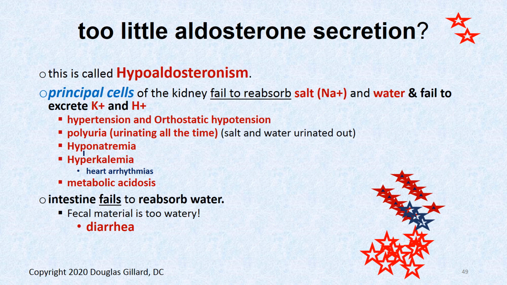You also have polyuria, because you can't soak the water out of the nephron anymore, so you're peeing all the time. Hyponatremia, hyperkalemia, which causes all sorts of heart arrhythmias, and you get acidosis. Then the intestines fail. Remember I said the intestines are just like a nephron. They fail to reabsorb water, so you get diarrhea.